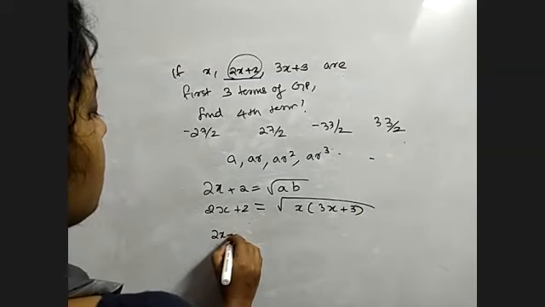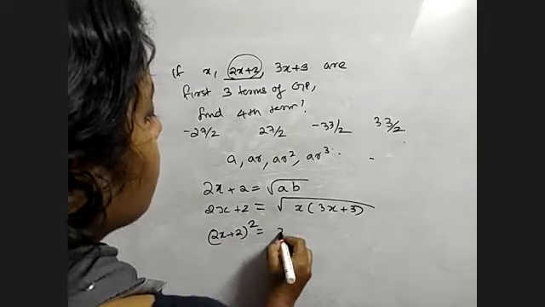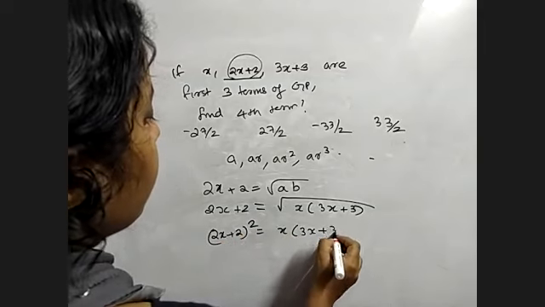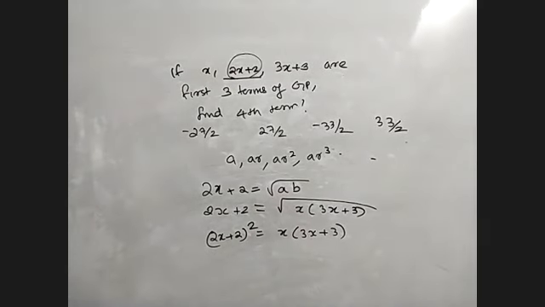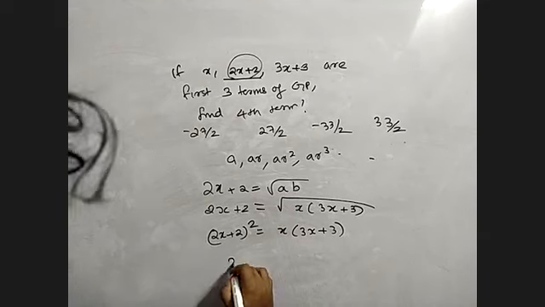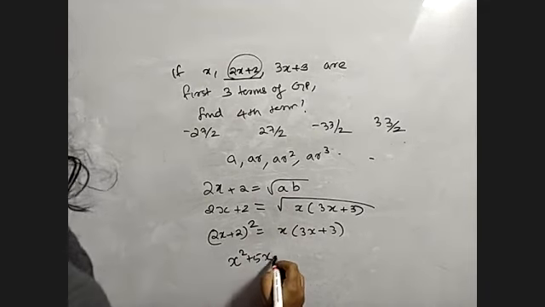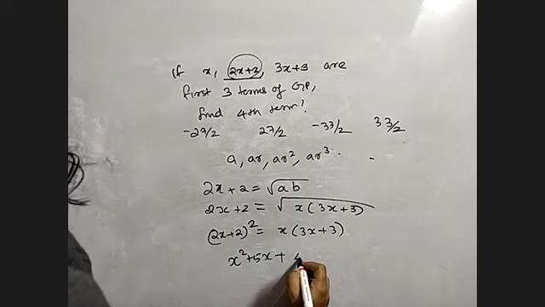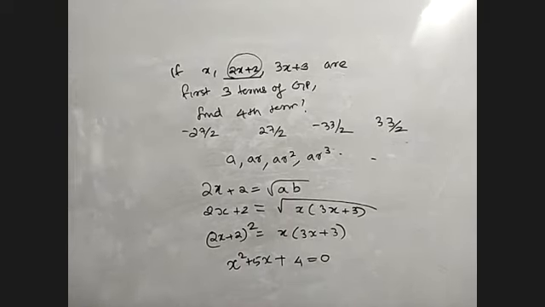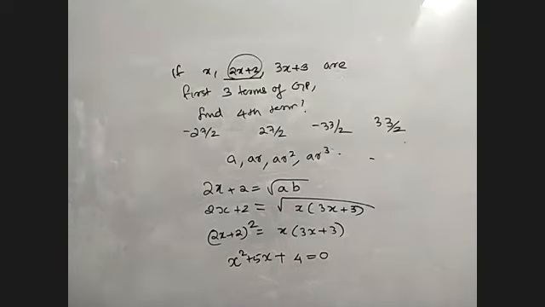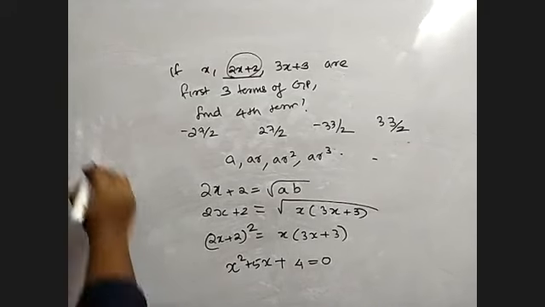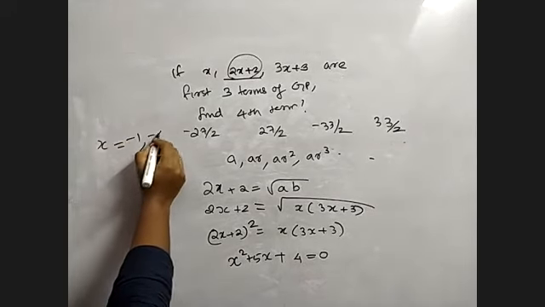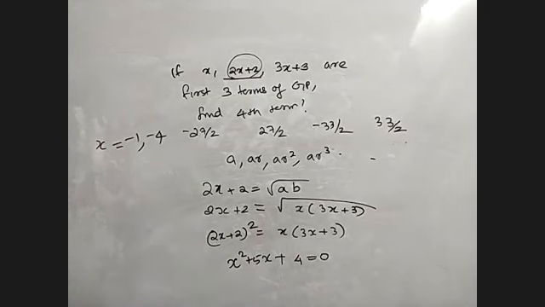That means 2x plus 2 the whole square will be x into 3x plus 3. So open the bracket, bring everything to one side, you'll get a quadratic equation: x square plus 5x plus 4 is equal to 0. Solving this, you will get x is equal to -1 and -4. Use middle term splitting or any method.